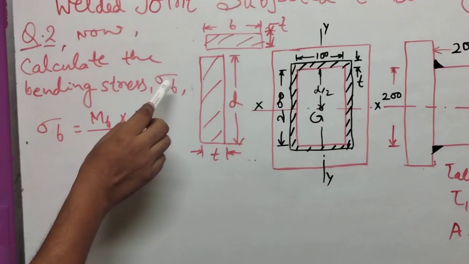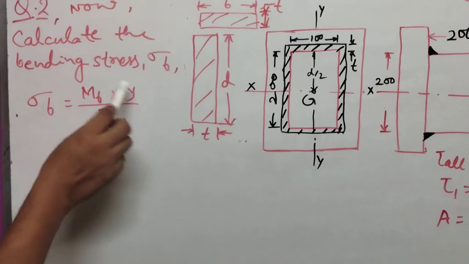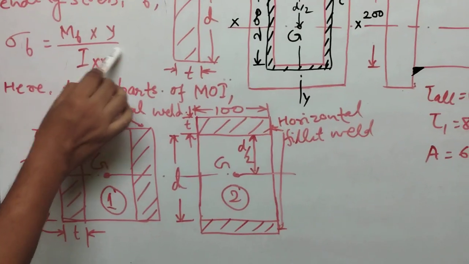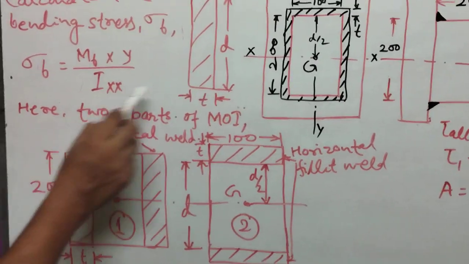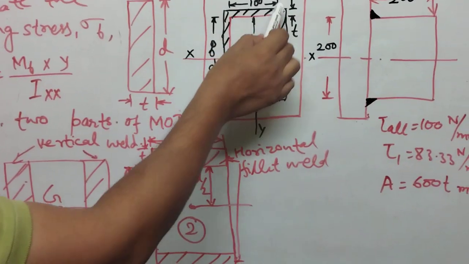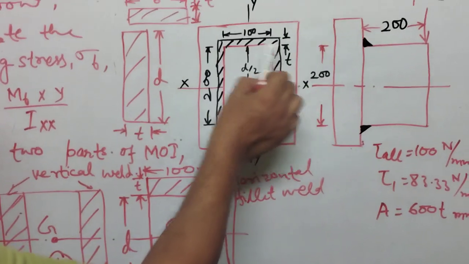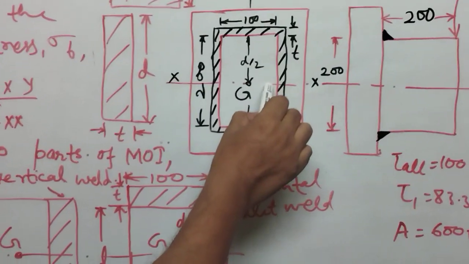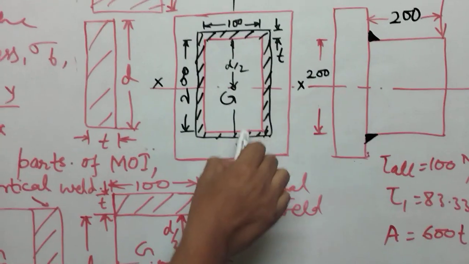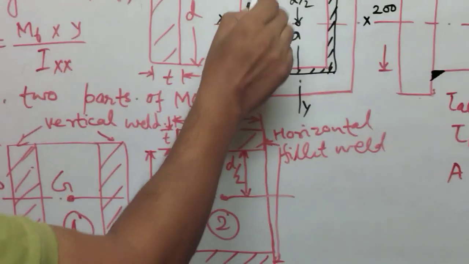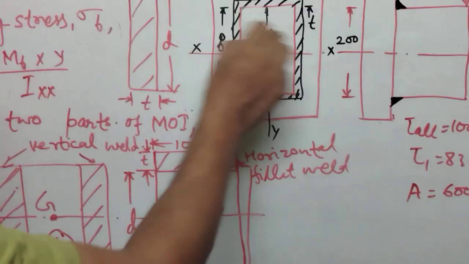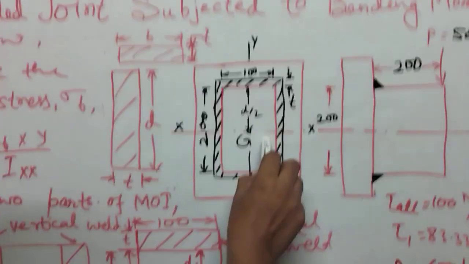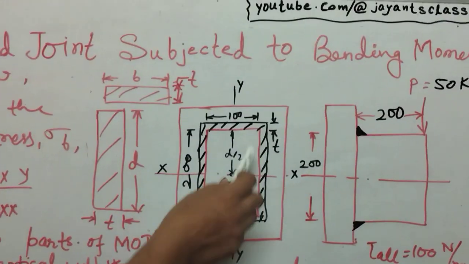The bending stress sigma b equals M b into y divided by Ixx. For calculating the moment of inertia Ixx, there are two sections. For the horizontal fillet welds, the parallel axis theorem is applied, and for the vertical sections we take the moment of inertia passing through the center of gravity.